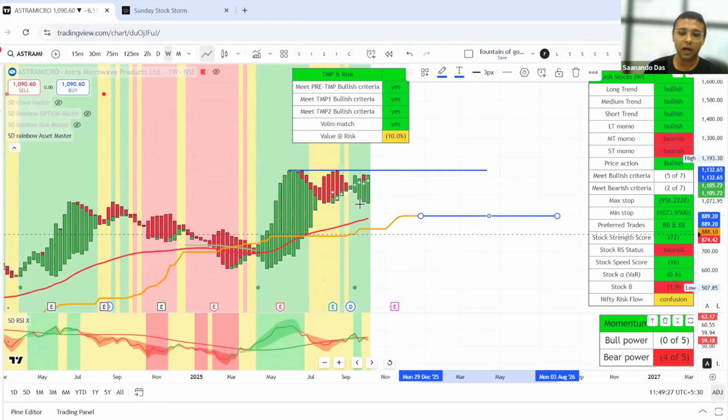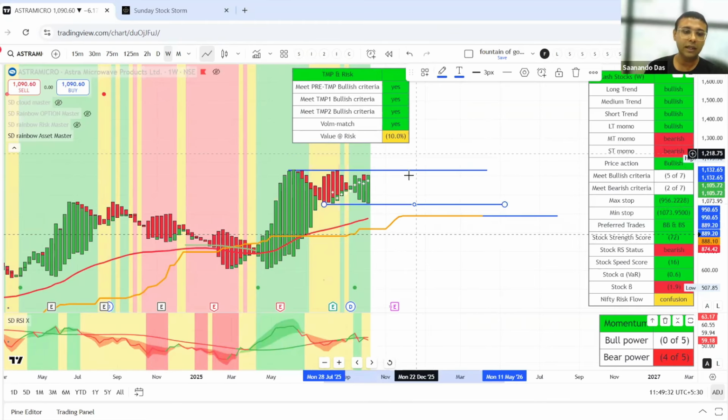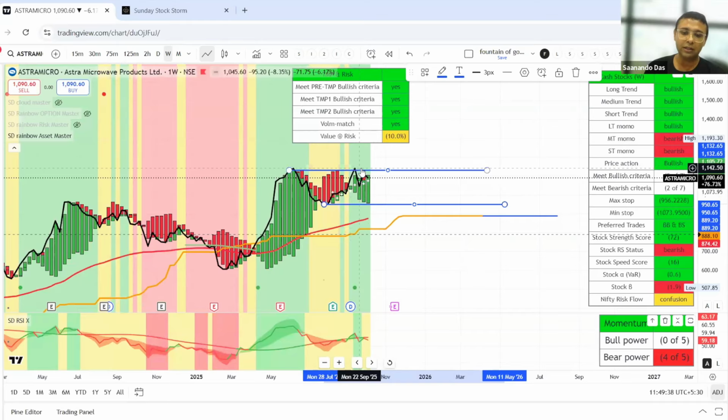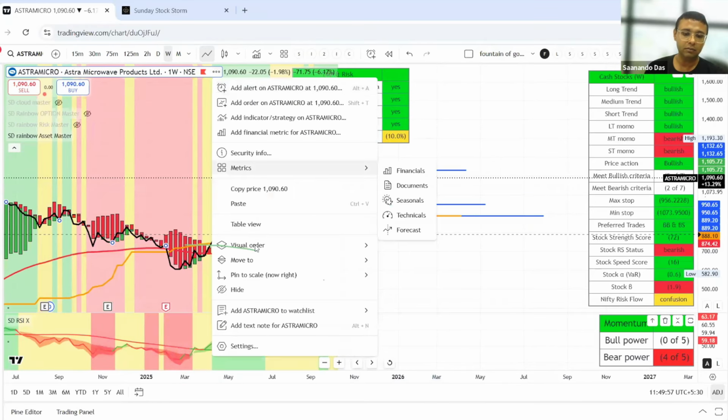Rectangular bases are very, very profitable once they break out. So in Astra Microwave, you want to see this level clear up and the stock to close above this level. Then you can see Astra Microwave moving up faster. Currently, if you are in position, you want to keep it limited.